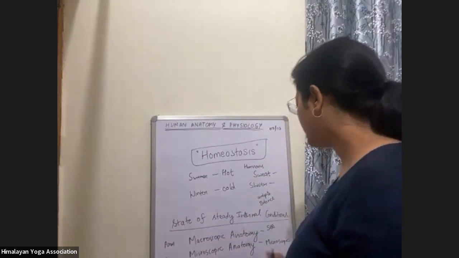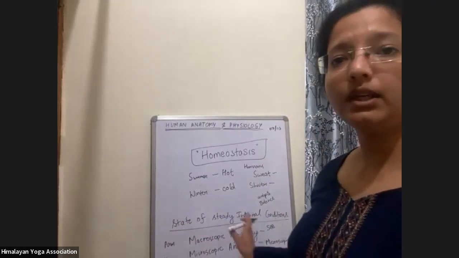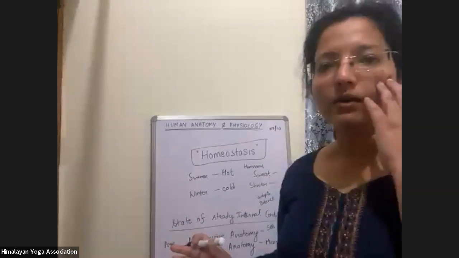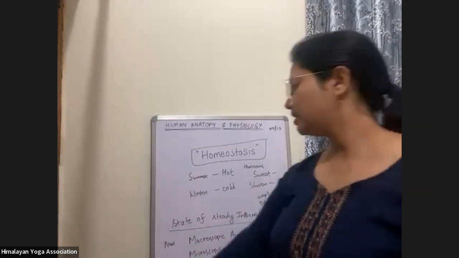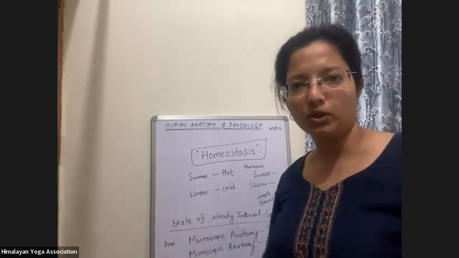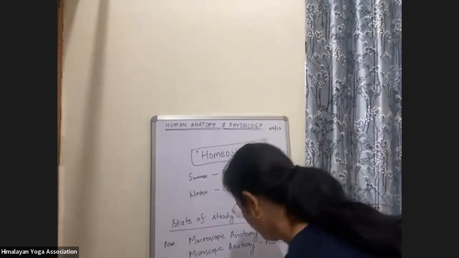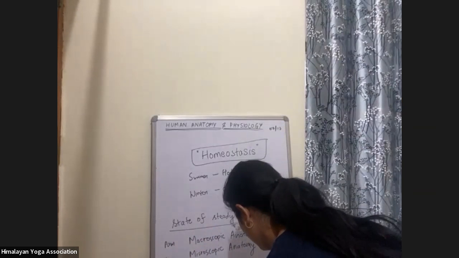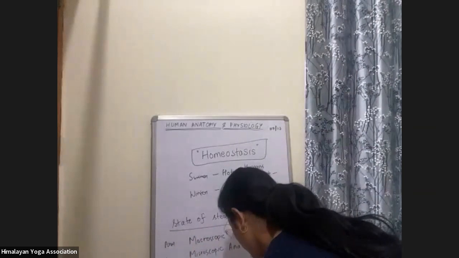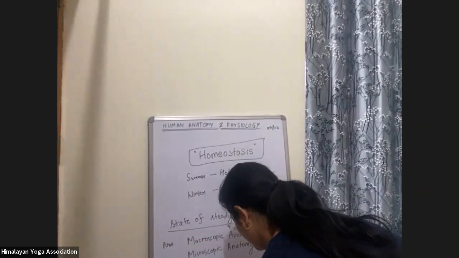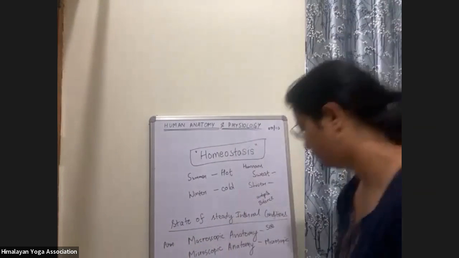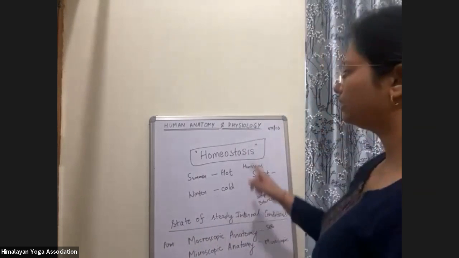And microscopic anatomy is something that we can see only with a microscope. We cannot see with naked eyes. So these are cells and some small tissues. Yeah. So everything is clear here.